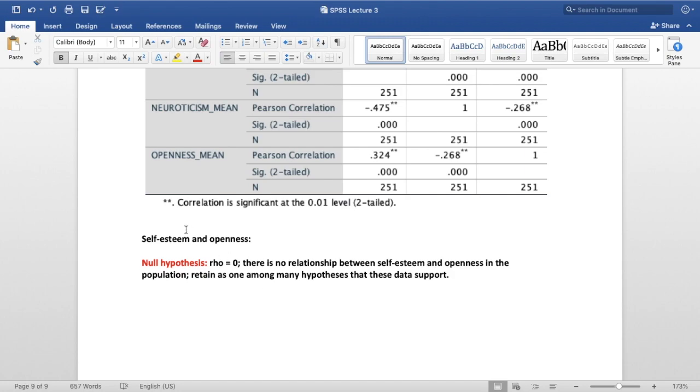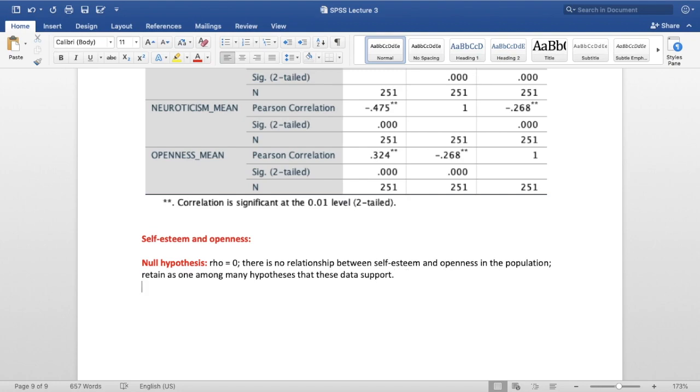Okay, so the null hypothesis is going to be rho equals 0. There is no relationship between self-esteem and openness in the population. Retained as one among many hypotheses that these data support.